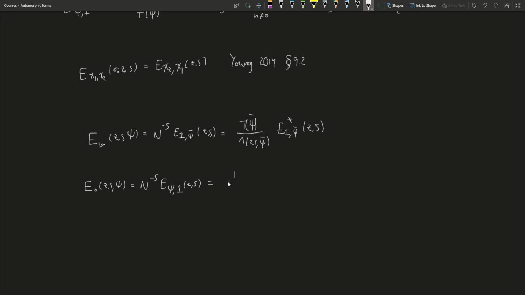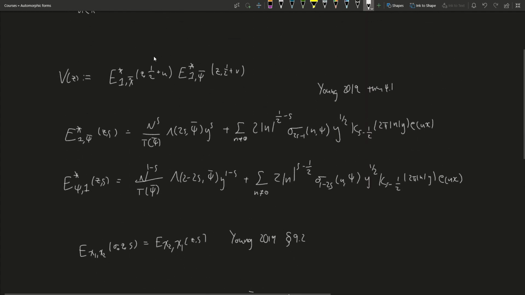And this is just 1 over the completed Dirichlet L-function times the completed Eisenstein series. And again, you can get this out of Matt Young's paper. So this is enough to get started to understand this function.